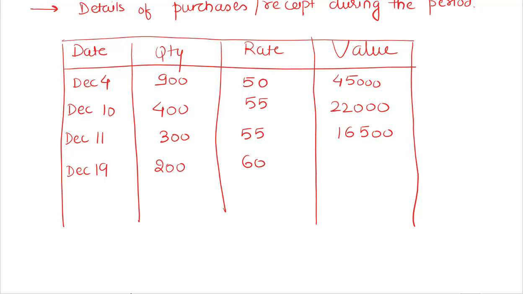The rate is 60. 200 multiplied by 60 equals 12,000. December 28, quantity is 800 units, rate is 47. 800 multiplied by 47 is 37,600.